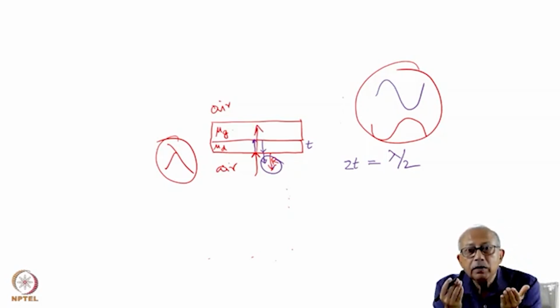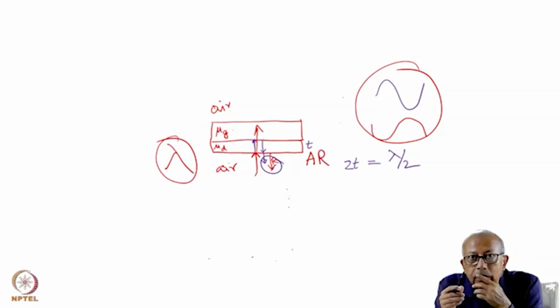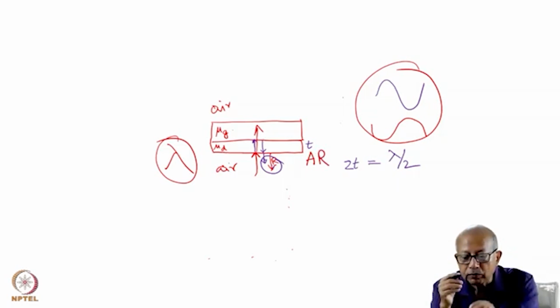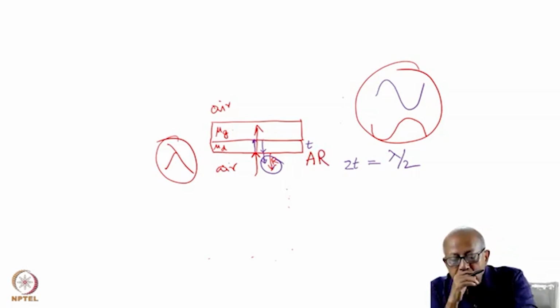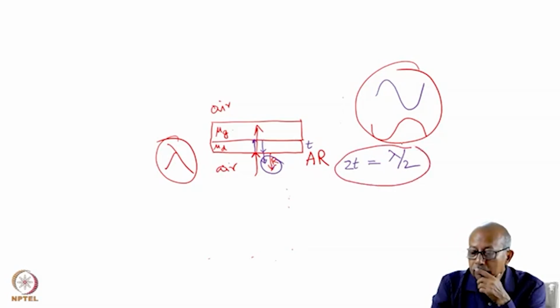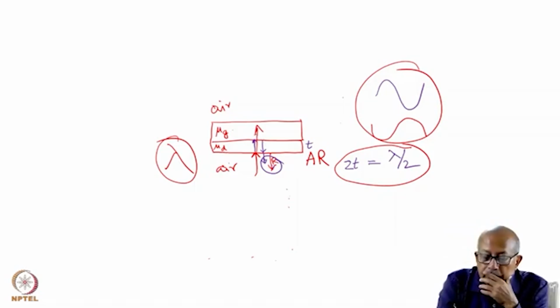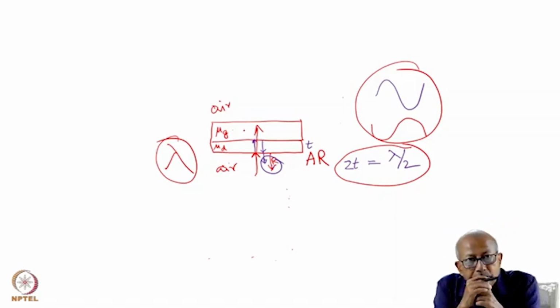So in effect, this coating is now behaving as anti-reflection. It doesn't allow any reflection to take place because the thickness is such that these two rays of light are interfering destructively. Because the path difference, if it is an odd multiple of lambda by 2, we know a destructive interference occurs. So the entire light will get into the glass.